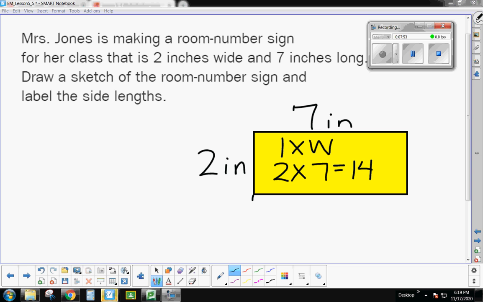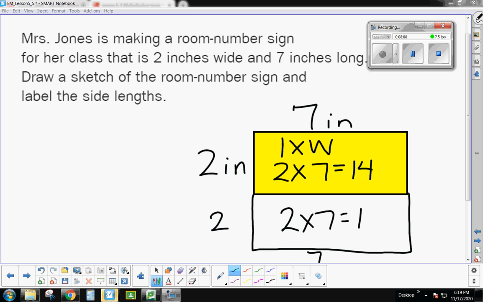What if I decided that Mrs. Jones decided that she needed to double that sign? So she's going to do another 2 by 7. And so we know that 2 times 7, again, is 14. So what is the area of her whole sign?